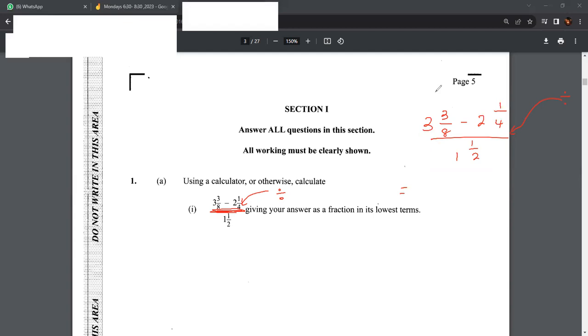So what I'm going to do is put this in brackets because I need to solve whatever is up here before I could divide it by whatever is down here. So I'm going to rewrite it.